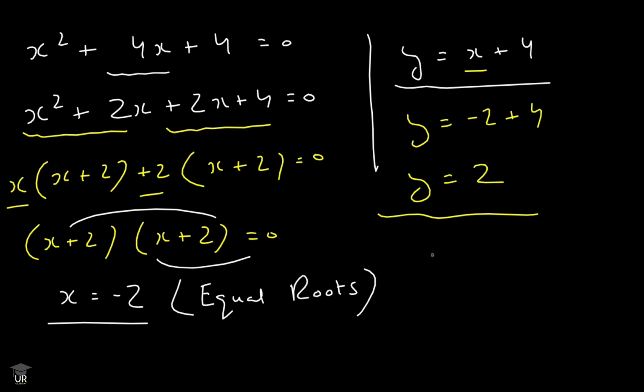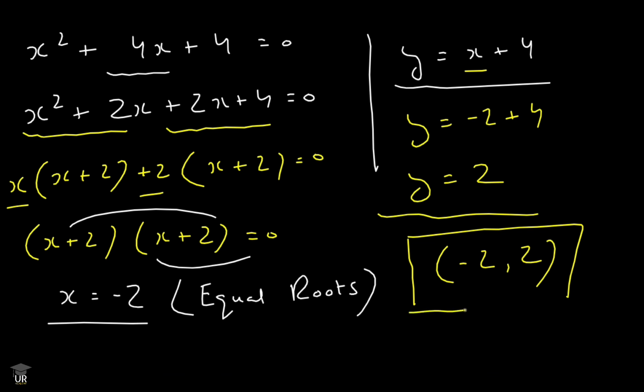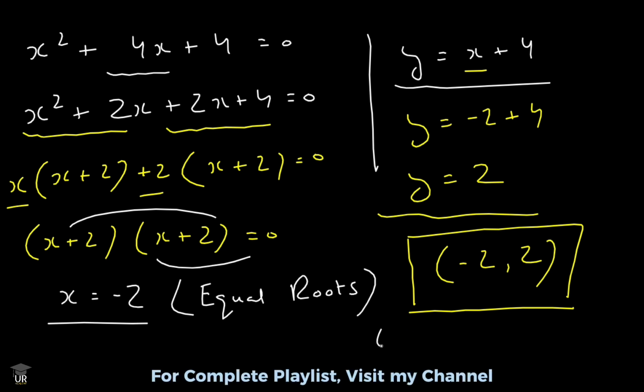So my intersection point will be (minus 2, 2). So this has to be my answer, and in this case there is only one intersection point, and from this we can tell that the line is tangent to the circle.